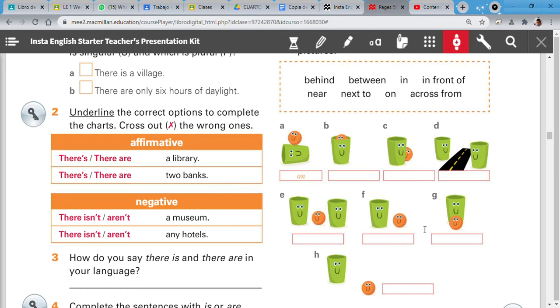And letter H. There is a glass, but the ball is not close to the glass, it is near the glass. So these prepositions are useful, for example, when you want to get to a place. You ask somebody and that person can give you instructions to go to that place.